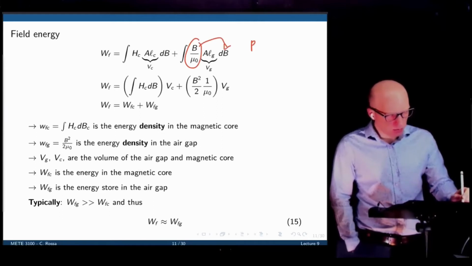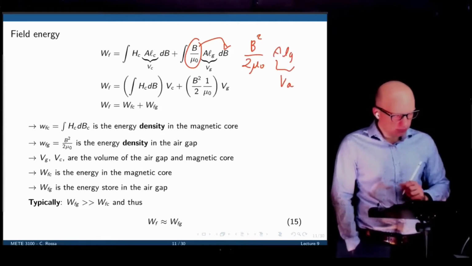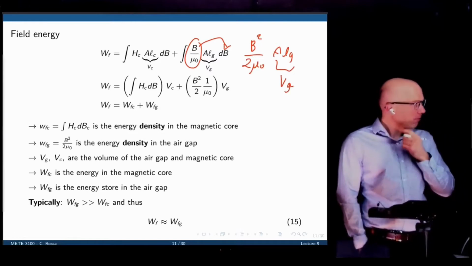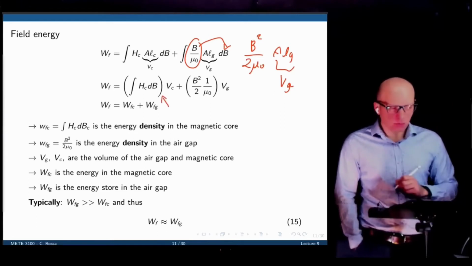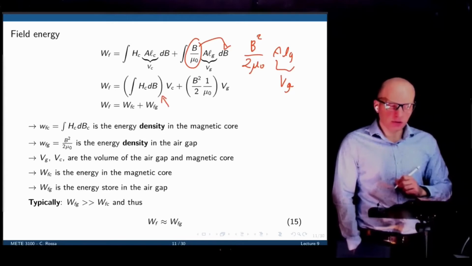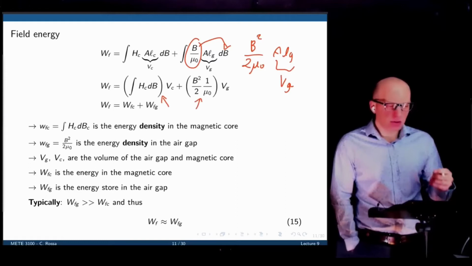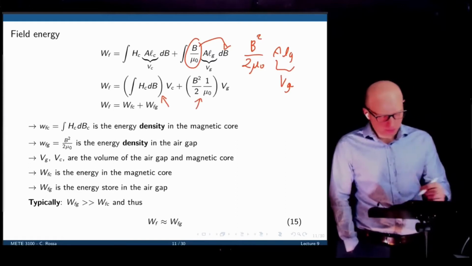That is B squared over 2 mu0 times A Lg, and this is Vg, the gap. And you see here that the integral was left in a generic form because mu may not be constant, whereas here mu is that of the air gap and it is constant, so we can solve the integral.